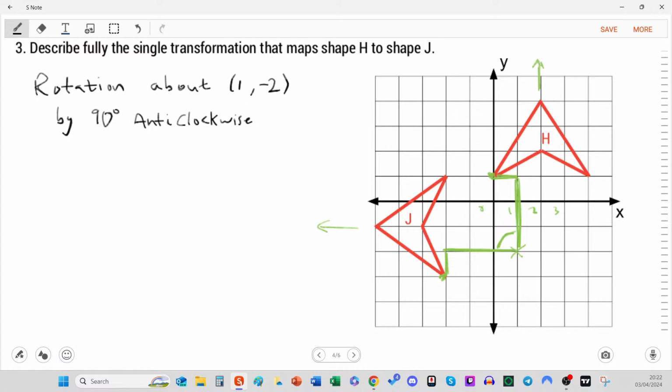So I found the only option there was rotation. And you have to have all those elements to score, okay? Rotation, the point at which you're doing it, how many degrees, and which direction. It's the one where you get the most marks, or potentially lose them if you miss something. So careful.